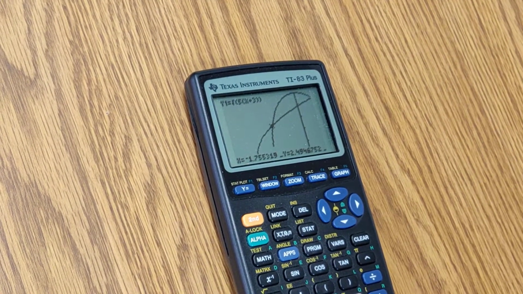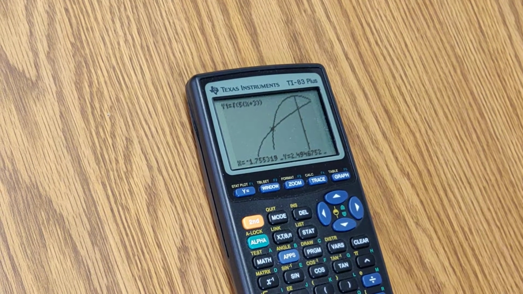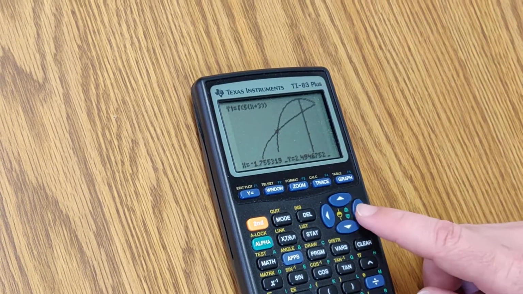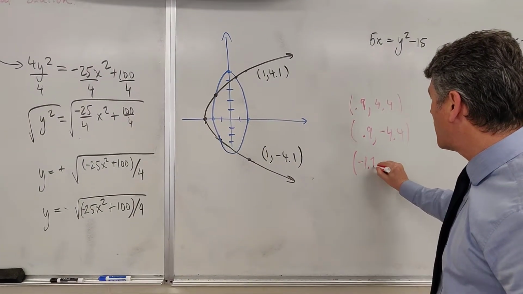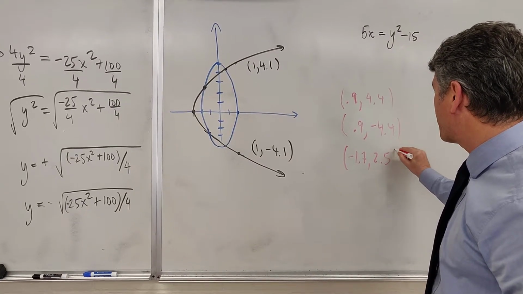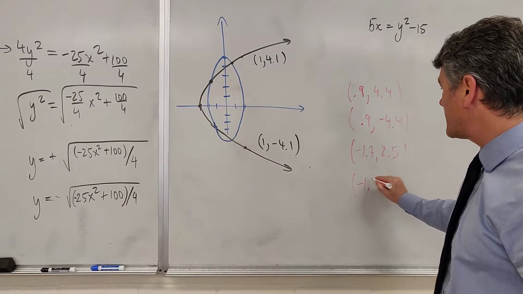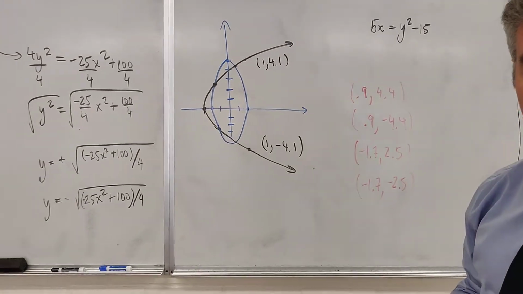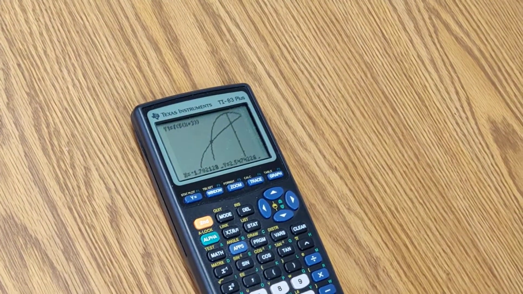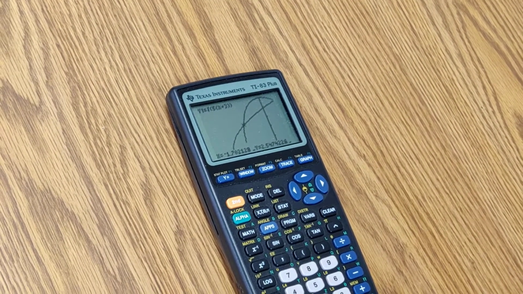It looks like negative 1.7 and 2.5. And that's it. So negative 1.7, 2.5, and negative 1.7 and negative 2.5. And that's how you would use your graphing calculator to approximate the 4 points. And that's it. We're done.